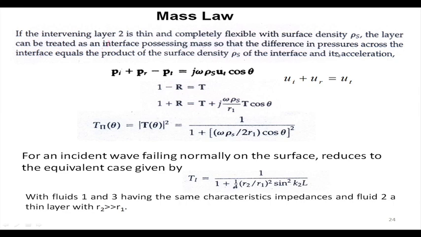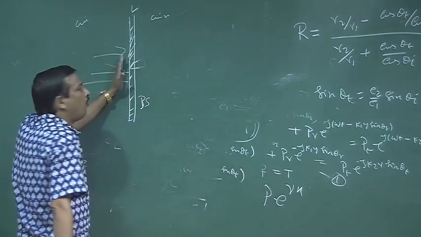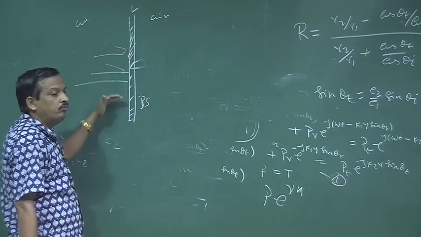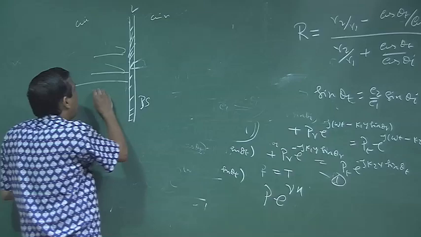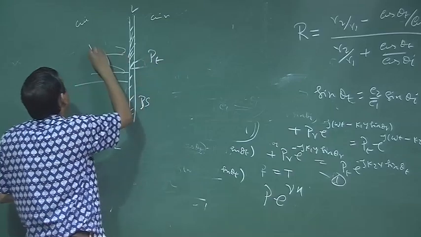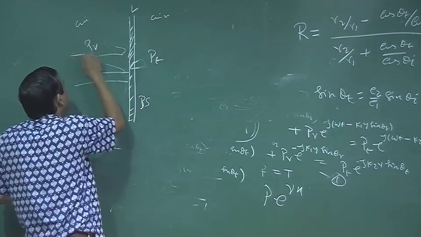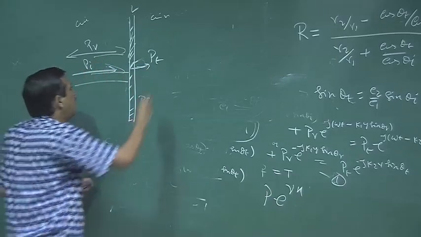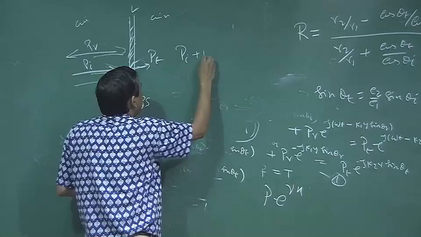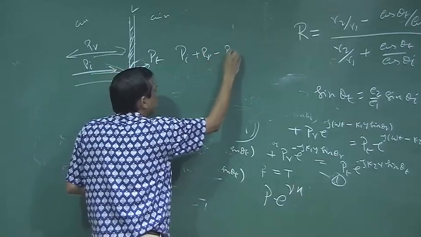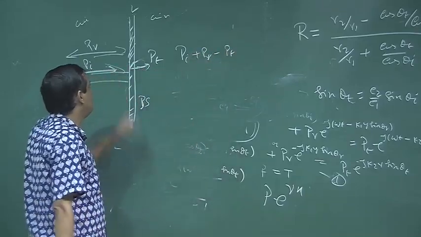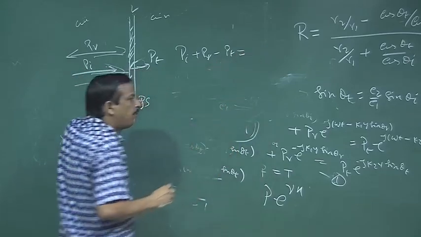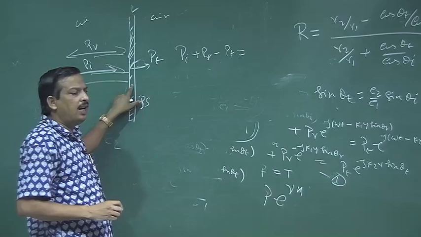Once the pressure wave falls here, the particles move. Pi and Pr are on this side and Pt on the other, so Pi plus Pr minus Pt is the difference of pressure.